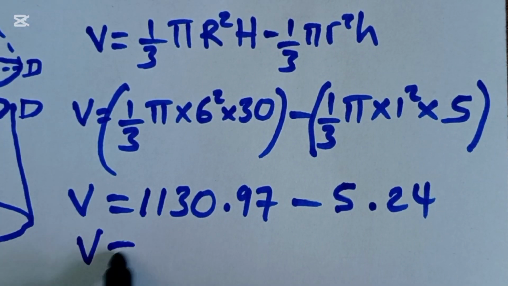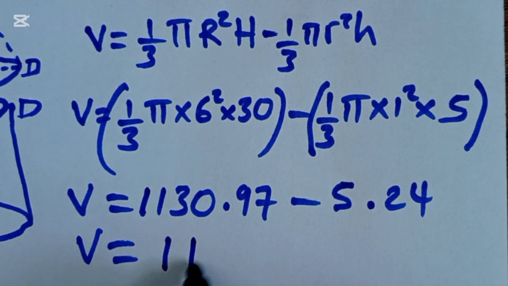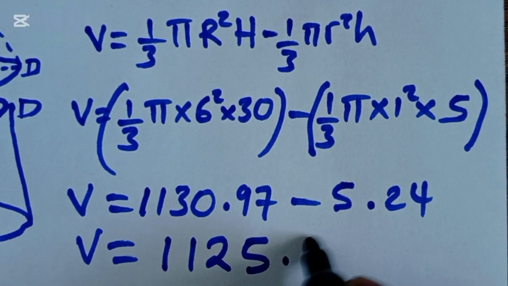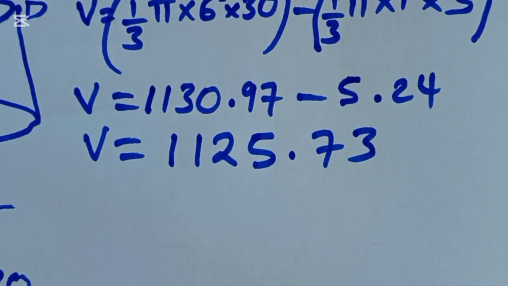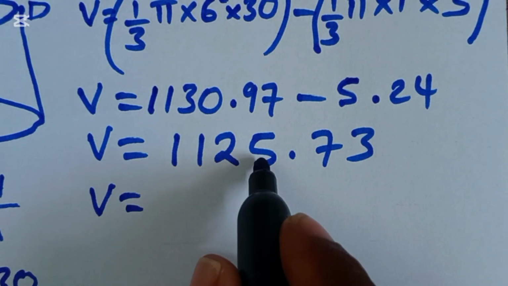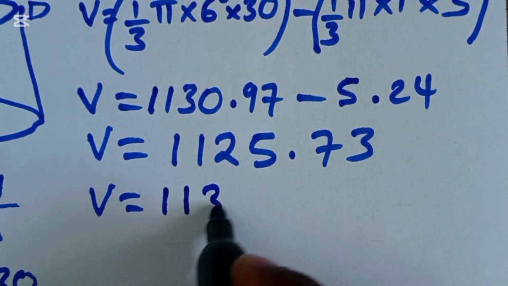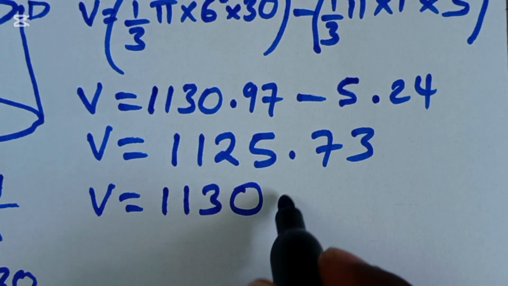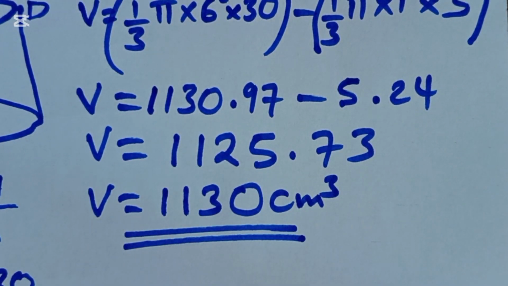So volume is equal to, when I subtract, I have 1125.73. So remember that your answer should be in 3 significant figures. So volume is equal to 1, 1, 2. The neighboring number is more than 4, so I'll add the 1 there. It will be 1, 1, 3, and then 0. So centimeters cubed. So this is the volume of the vuvuzela.